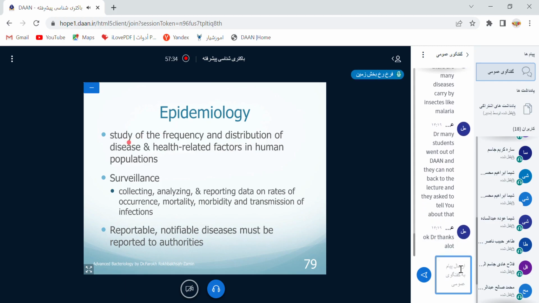Study of epidemics. And what is that? Study of the frequency and distribution of disease and health-related factors in human populations. We call it epidemiology.